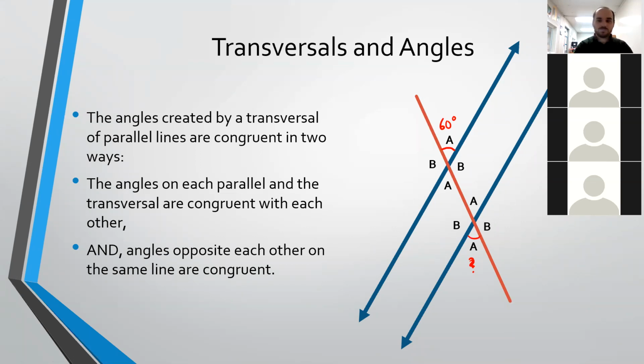Good, Daniel. Yes, Emmy, not quite, Alyssa. I know what you're doing and you're on the right track, but you're off by just a little bit. Daphne, that's correct. Okay, so this one is 60. All of the A's are actually 60. So that one's 60 degrees, this one's 60 degrees, this one is 60 degrees.